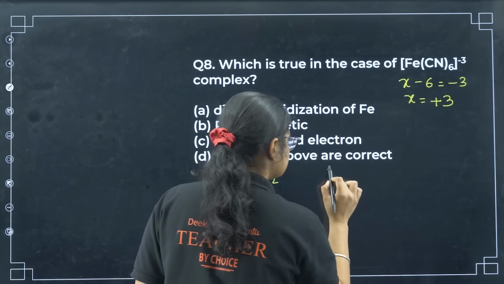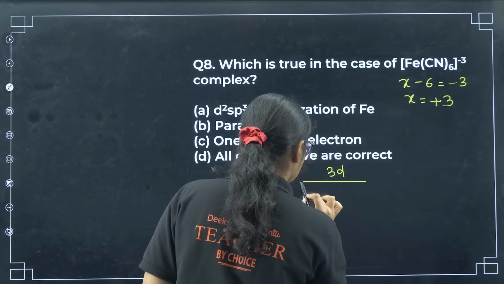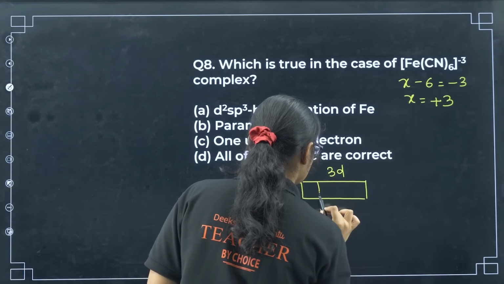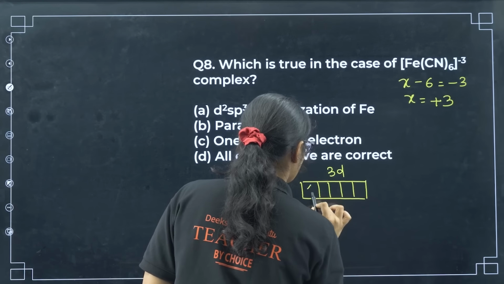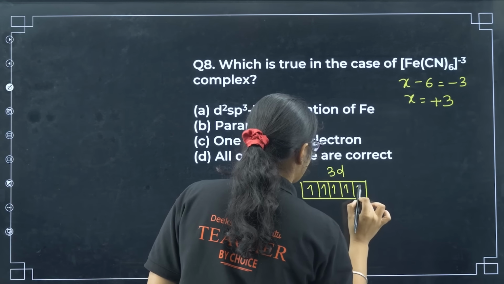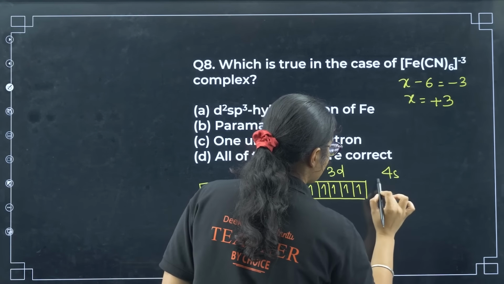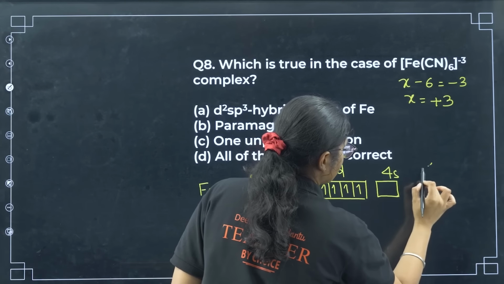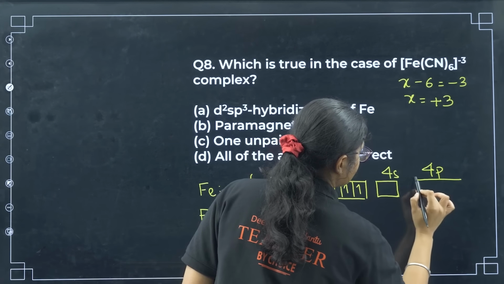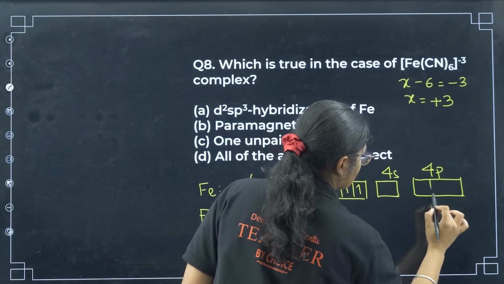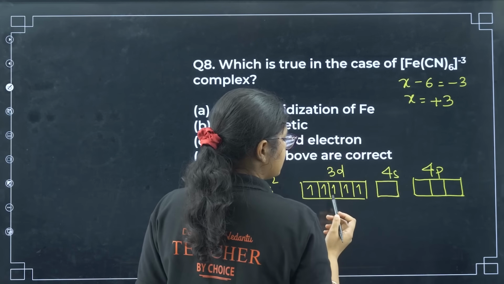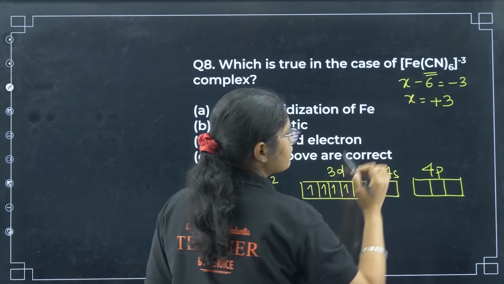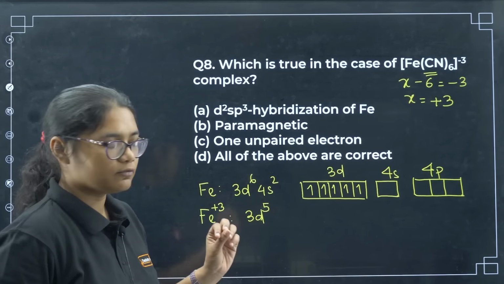Now if I draw this 3d, 1, 2, 3, 4 and 5, 4s, 4p. Now you see here, because CN is a very strong field ligand, what will happen? Pairing of electrons will take place.